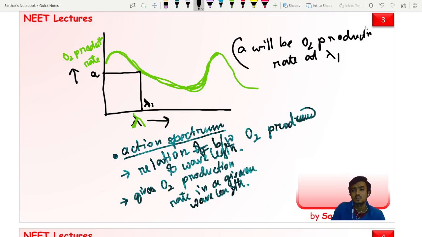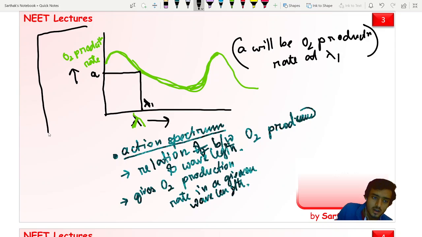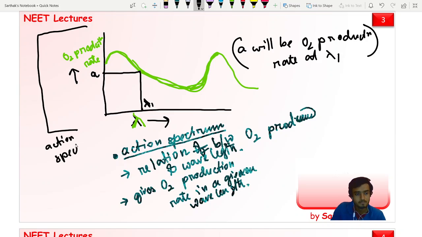This is our conclusion. So basically this curve, drawn between the O2 production rate and the wavelength at which photosynthesis is occurring, is known as the action spectrum.